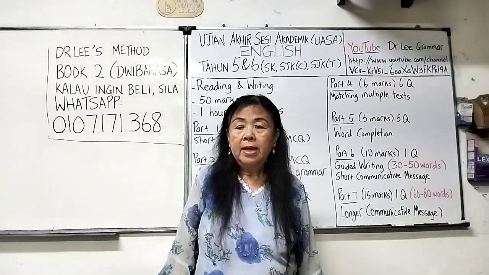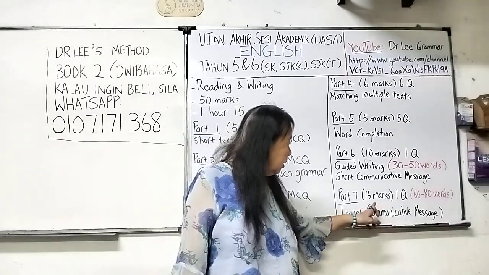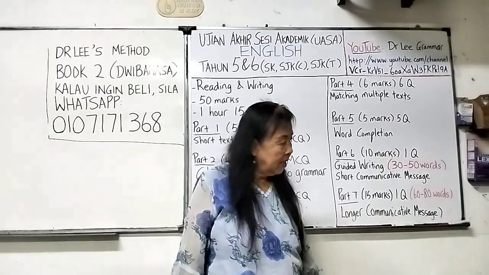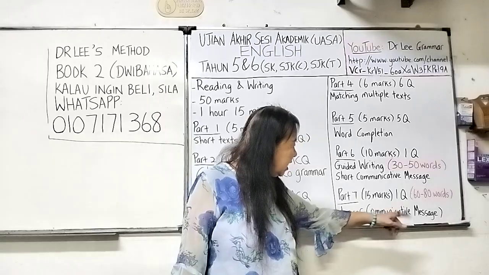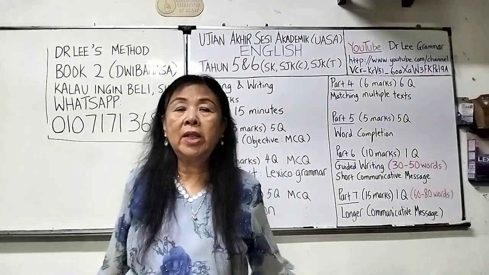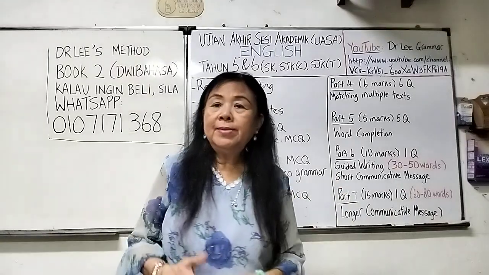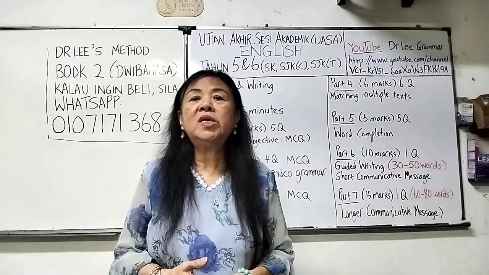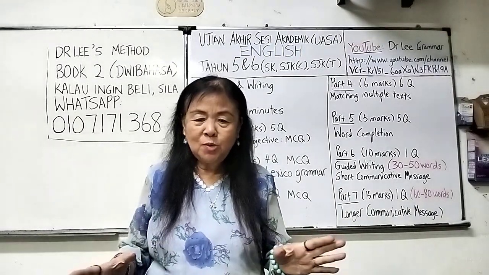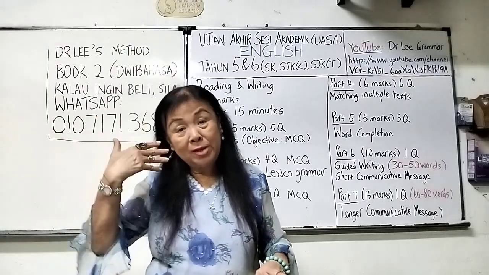Part 7, 15 marks. It is called a longer communicative message. One question as well, so no choice is given. You have to write 60 to 80 words. For this one, it's not guided, so you have to write by yourself.